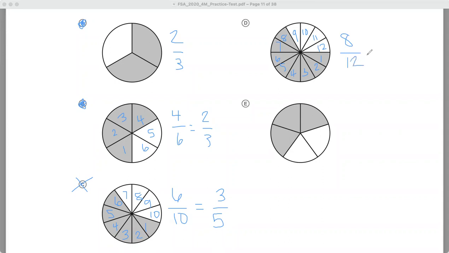And we could divide both of these by 4. So 8 divided by 4 is 2, and 12 divided by 4 is 3. So that is equivalent. Okay, so this last one, answer choice E, there's 1, 2, 3 shaded parts out of 5. And that is its simplest form, so it is not equivalent.